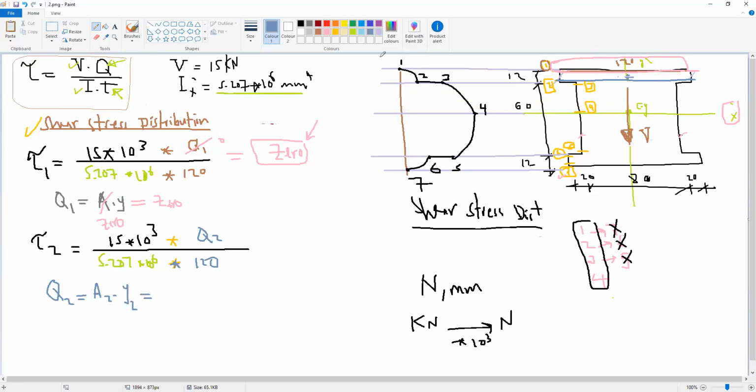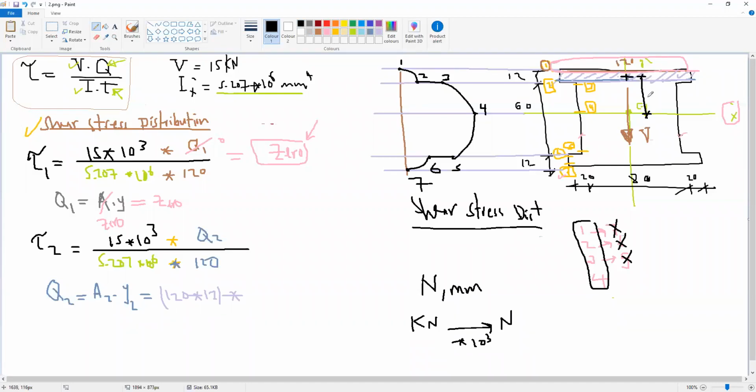What is area 2? Again, if this cut 2 here, so this is the area above cut 2, the hatched area. So area 2 will be 120 multiplied by 12 multiplied by Y2. What is Y2? Y2 is the distance from the centroid of area 2 to the centroid of the whole section.